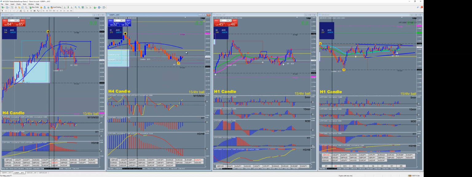I'd like to see it come up and give a 1 or 2 ball up here, or give a 3 ball, indicating this thing is just going to be ranging. And it might just go up to the order block and then drop. You know, the order block that was formed in the Euro session.